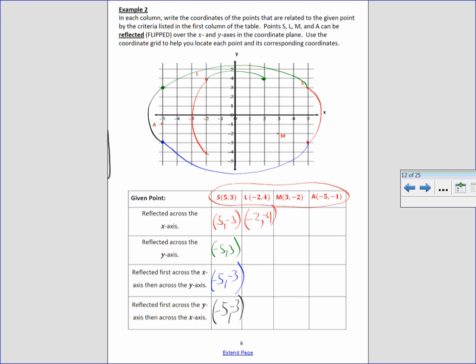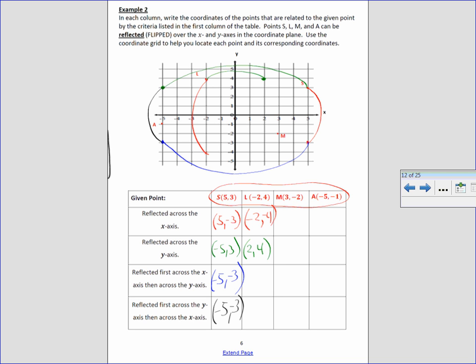All right, let's see you do this. What are my coordinates for the new L? Close. Not 2, -4, but 2, 4. They're both positive in quadrant 1.